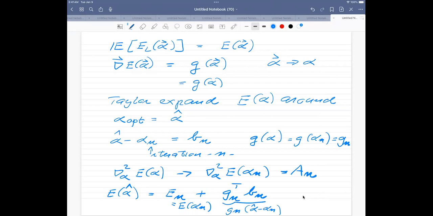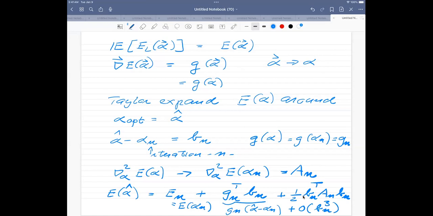So G is the first derivative, and alpha minus alpha n is simply the step difference which we have. And then I have the second derivative. I get a plus half of b n transpose, multiplied with the second derivative, A of n, times the vector b of n. And then I have higher order terms, O of b of n to the power of 3.